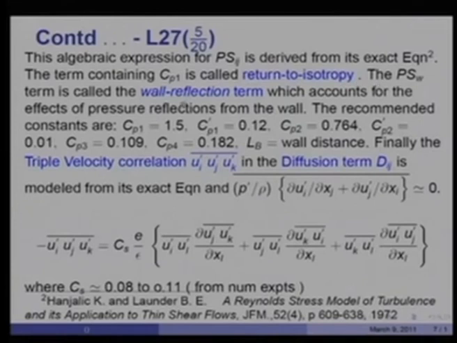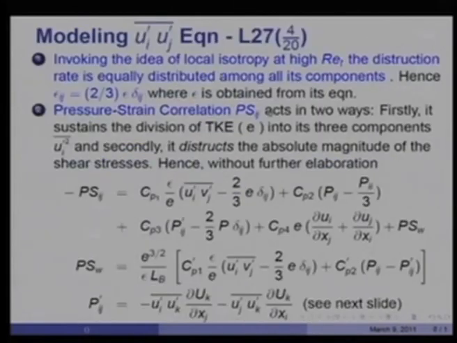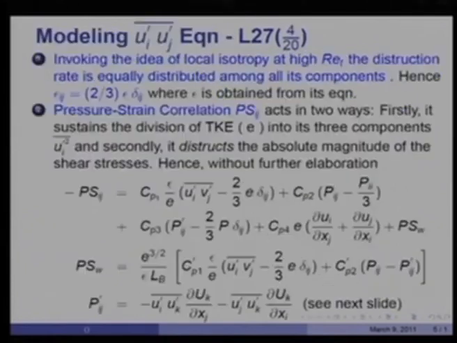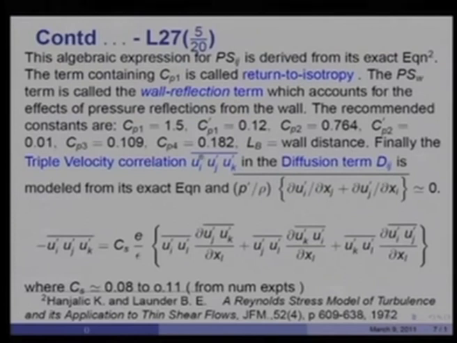The PSW term is called the wall reflection term, which accounts for the effects of pressure fluctuations or reflections from the wall, as you can see in the pressure fluctuation term. Now, that becomes important close to the wall, where the pressure fluctuations give the effect which is primarily responsible for the presence of the wall.